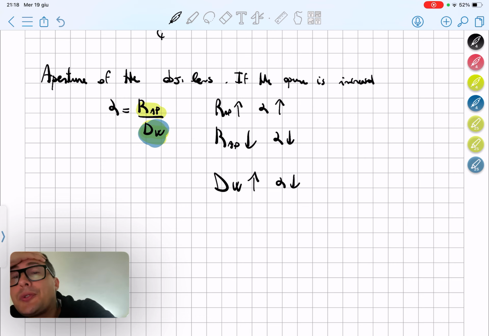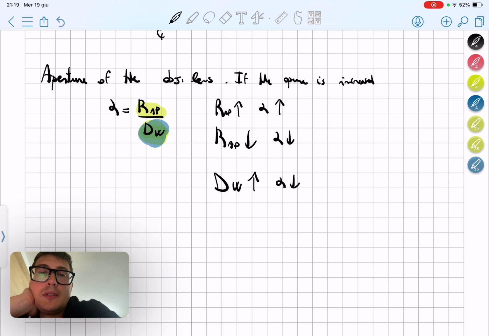Another reason why we want to modify the aperture is also to limit this phenomenon of the aberrations, which maybe we can discuss afterwards.